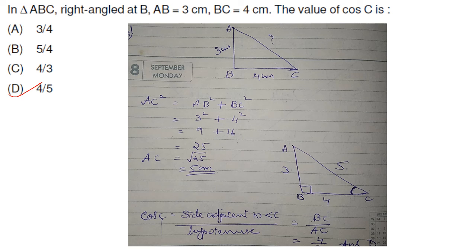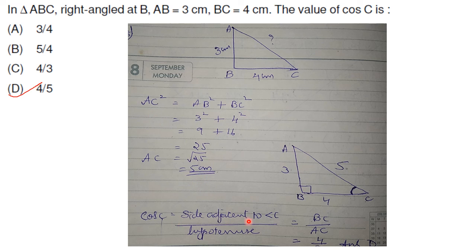Then next one, in triangle ABC right angled at B, this is the triangle right angled at B. AB is 3 centimeter and BC is 4 centimeter. The value of cos C. So cos is side adjacent to angle C divided by hypotenuse. So before that we have to know the value of hypotenuse. So using Pythagoras equation we will get it as 5 centimeter.